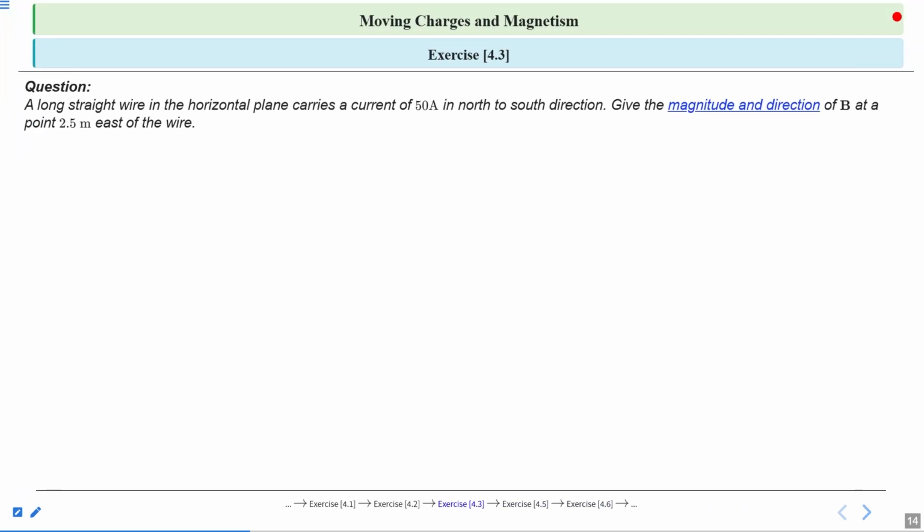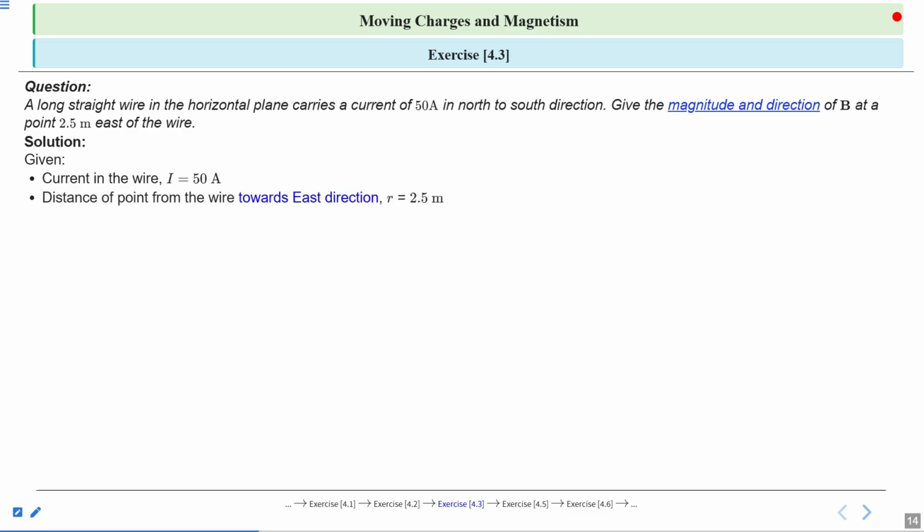So let's see the solution. What is given? Current in the wire I equal to 50 ampere. Distance of point from the wire towards east R equal to 2.5 meter.